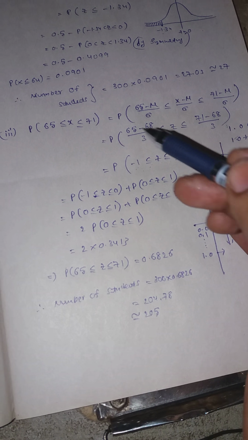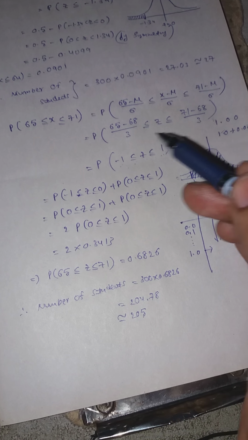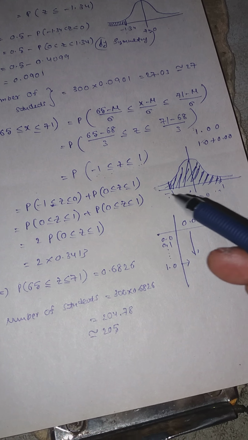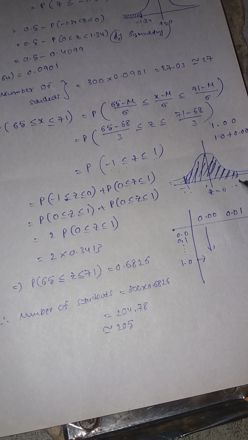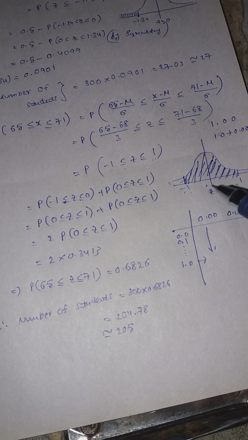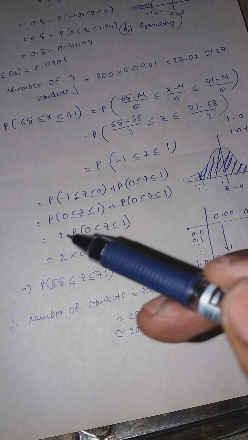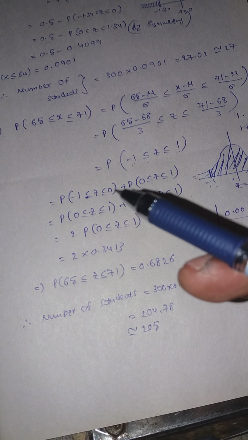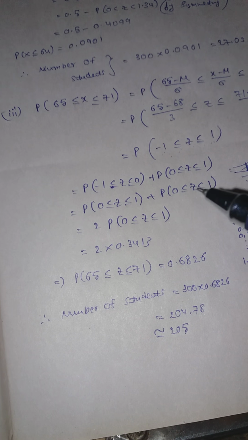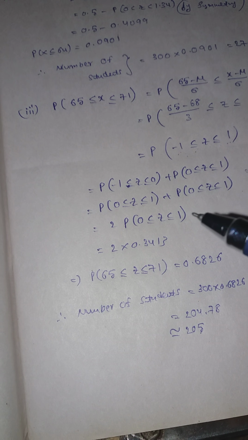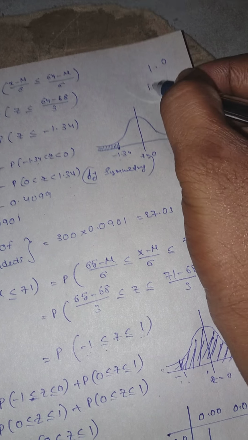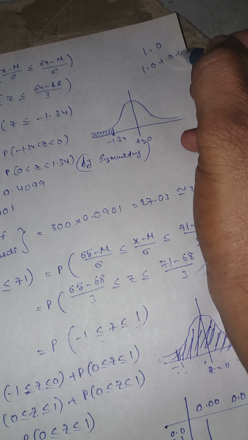This is the third bit, minus 1 to 1. Draw a vertical line, a horizontal line, a bell shaped diagram, minus 1 on the left side, 1 on the right side. The formula will be the probability from minus 1 to 0 plus 0 to 1. For minus 1 to 0, by using symmetry, change it to 0 to 1, so 2 into P of 0 to 1. Write 1.0 as 1.0 plus 0.00.